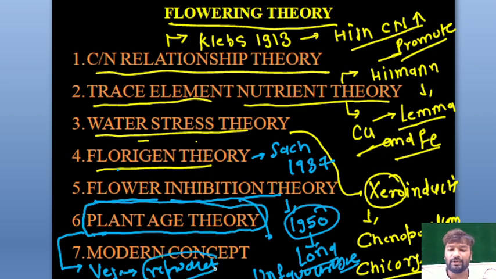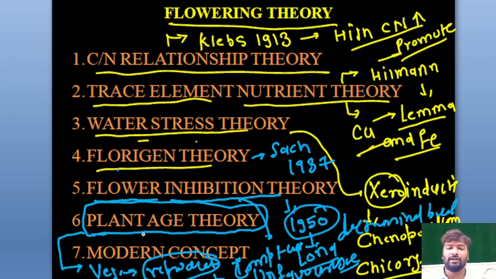So they have a reproductive phase. In this they form the competent and determined buds. So according to plant age, there will be a formation of flowers. And the last one is the modern concept. So what is the modern concept?